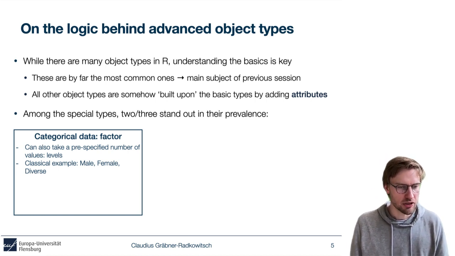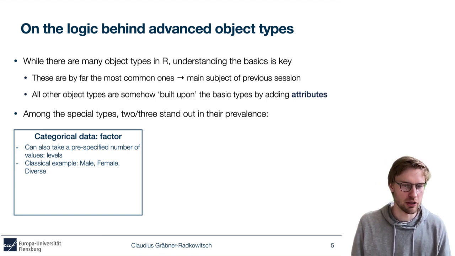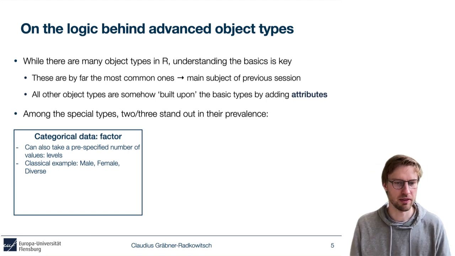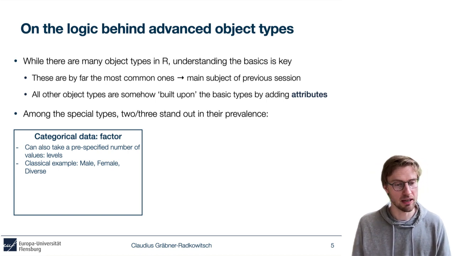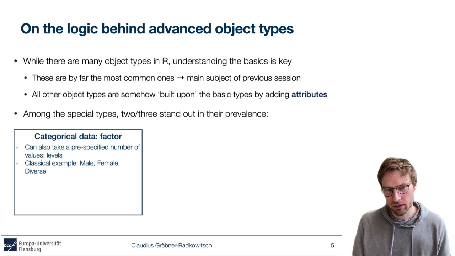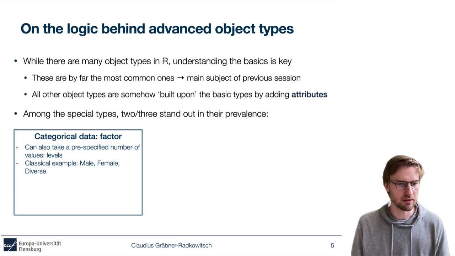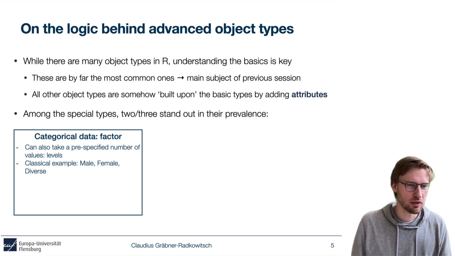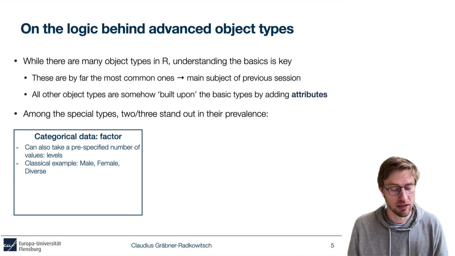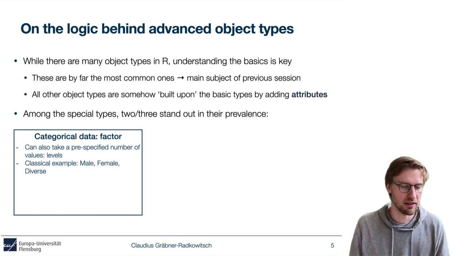Then things have changed, and today gender is usually used as a variable that can take 3 pre-specified values: male, female, and diverse. But then again, there are also criticisms of this categorization and debates of whether gender shouldn't include more levels, so to speak, or whether gender can be categorical data or can be measured as categorical data at all.